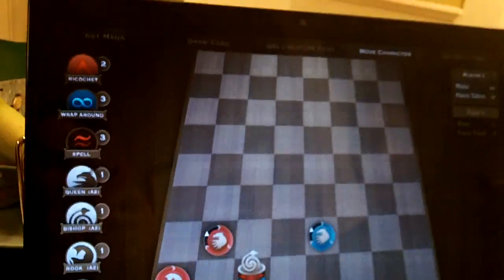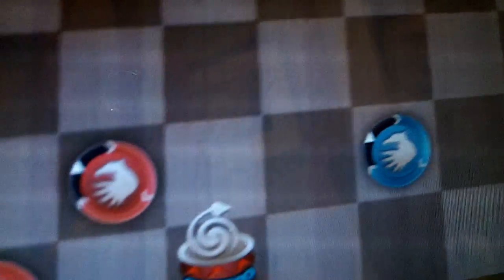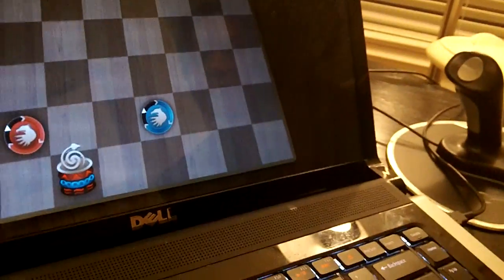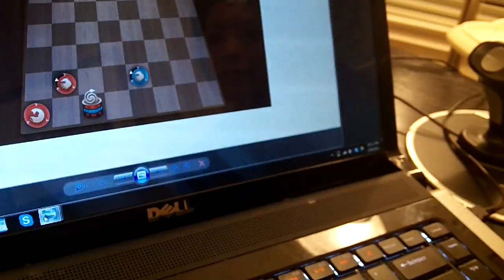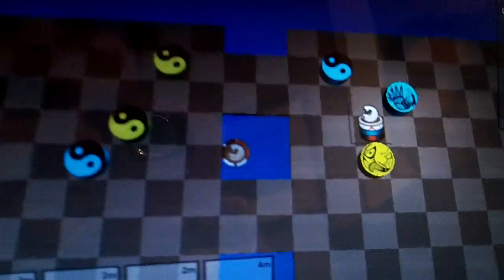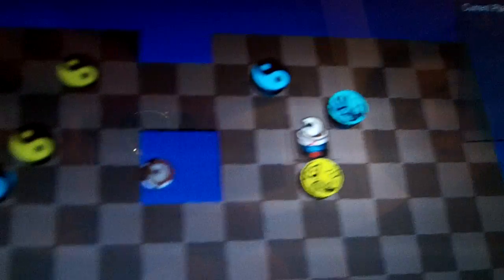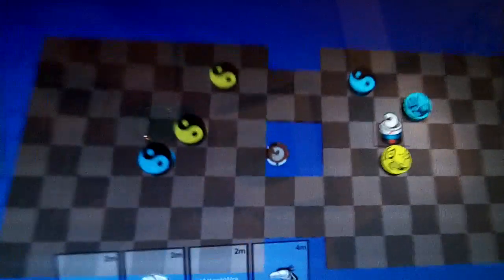And this is a quick view of comparing the different mock-ups that we had. And then this is another quick view of the piece with a little bit of higher contrast, sitting on the board.